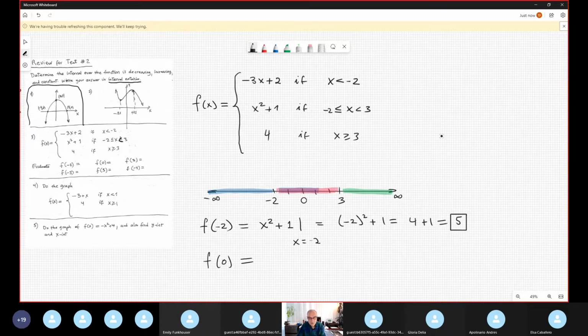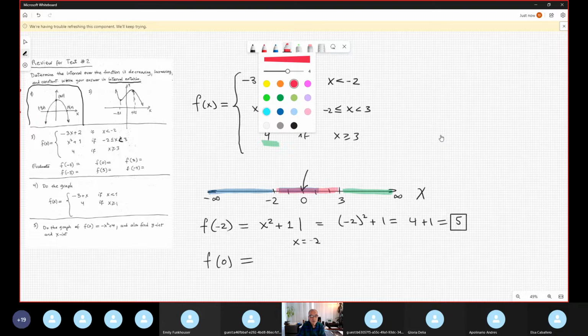0, and x. This is the x axis. 0 is here, right? What piece do you select? Tell me.